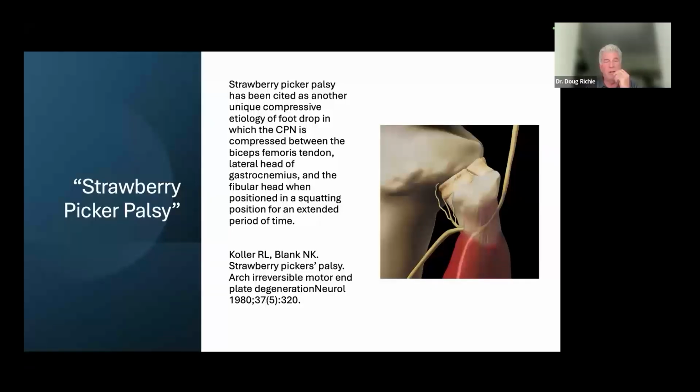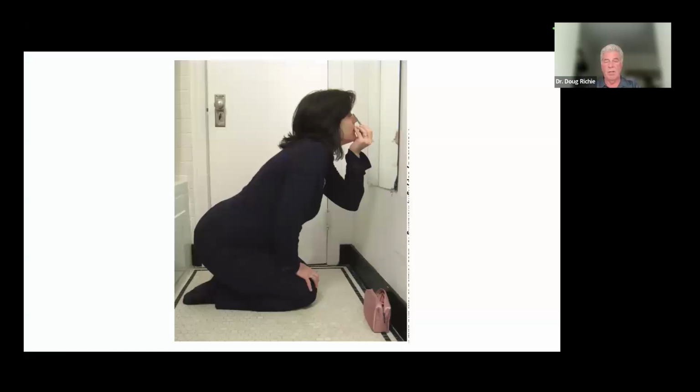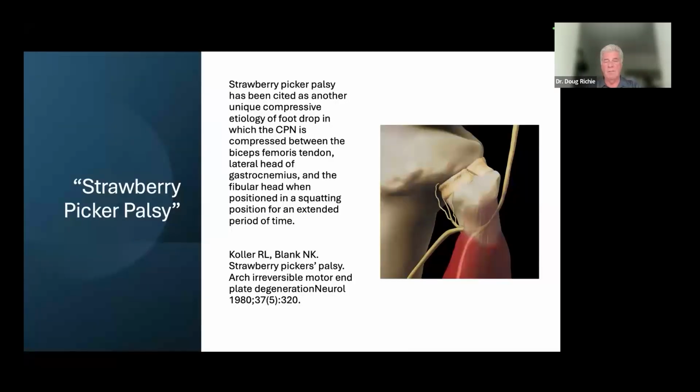It's called strawberry picker palsy, where the common peroneal nerve is compressed between the biceps femoris tendon and the lateral head of the gastroc, either in prolonged squatting or in this case, prolonged kneeling. So these relatively benign postural habits can cause what sometimes leads to permanent nerve damage and foot drop.